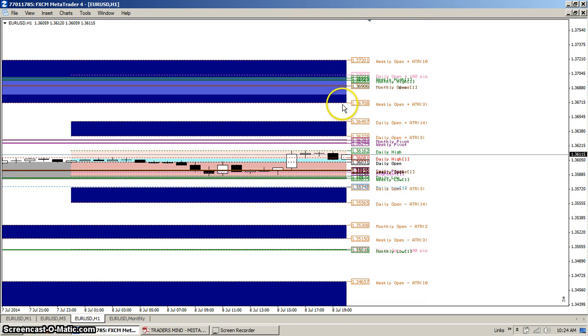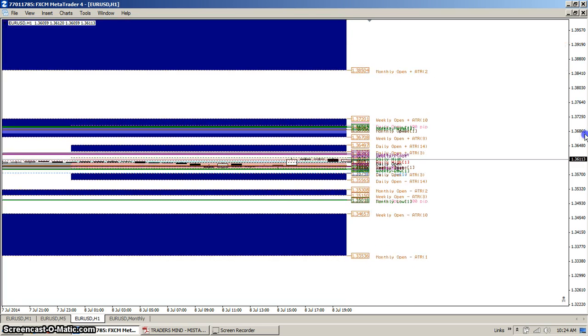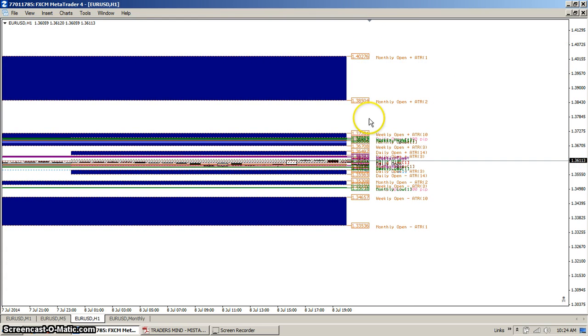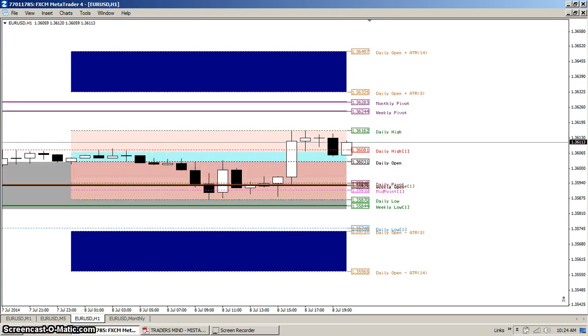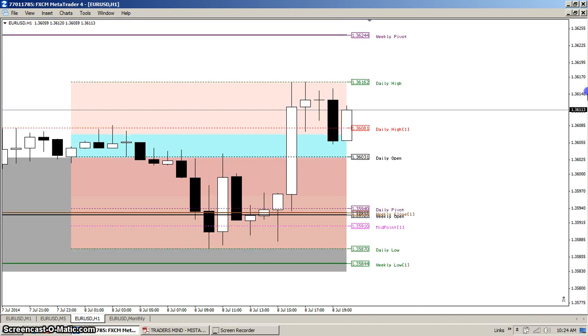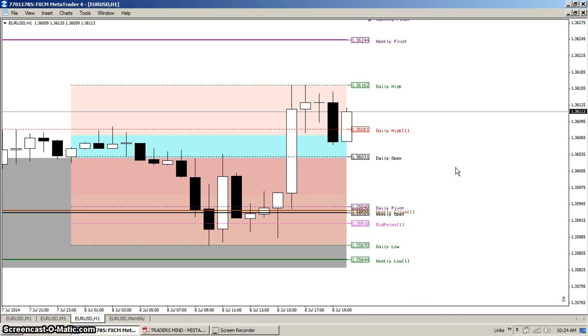And once again, for the weekly and the monthly, we also have these ranges. You see? So if you're a longer term trader, maybe you put a trade on at the beginning of the month and you check it at the beginning of each week. You just let price range, you pick your targets accordingly.